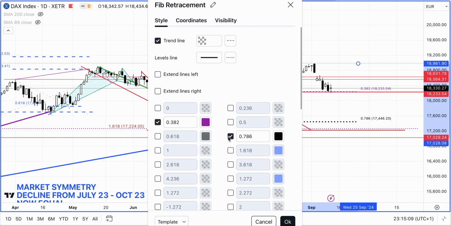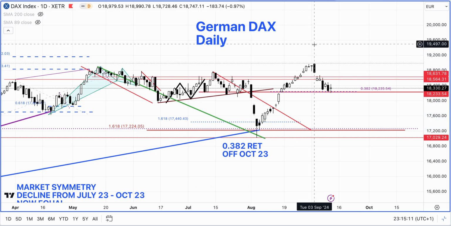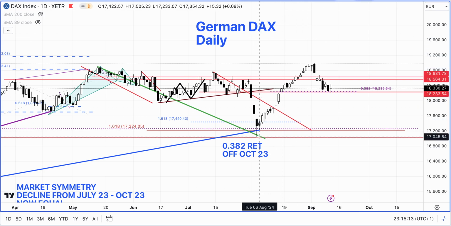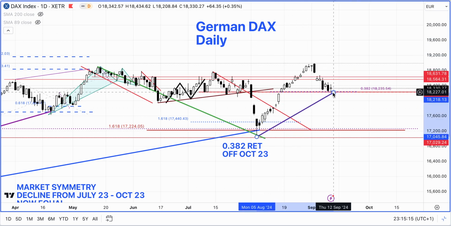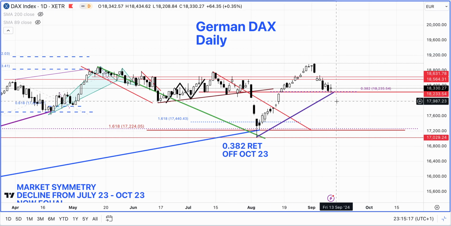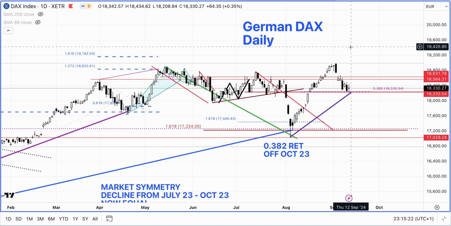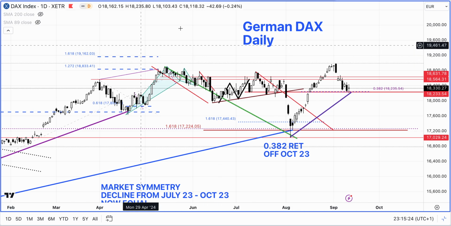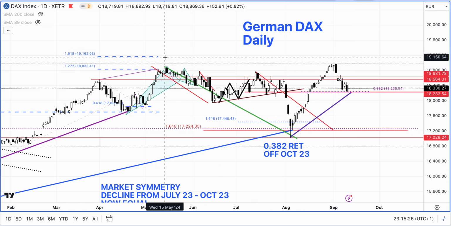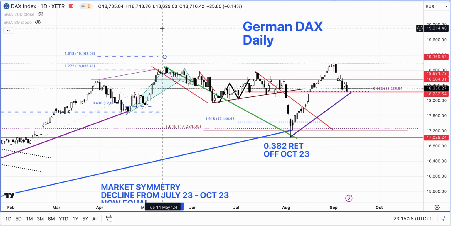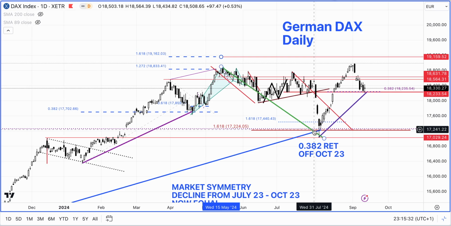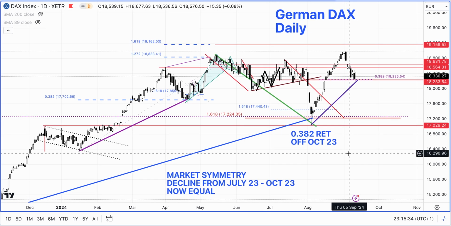And here we go. Where this market is right here is the 38.2% retracement. So that's, in my opinion, a bull trend like this one. I call it a bull trend because it took these highs out. This is actually pretty bullish. And what it means is that most likely this market is now going for 19,160. So we'll wait and see what the price action will look like for us.